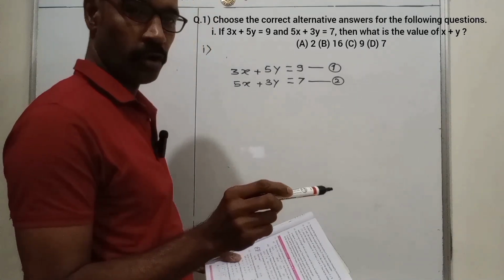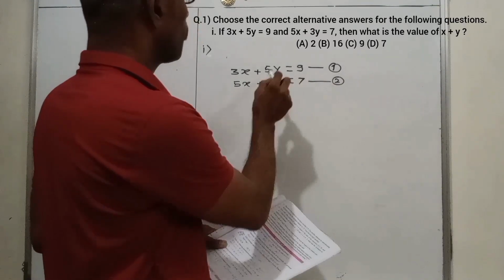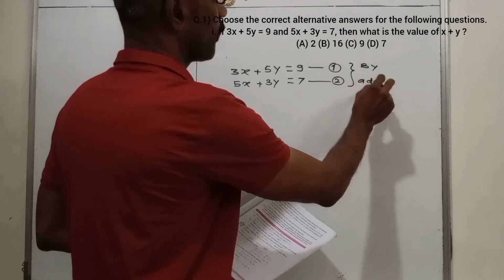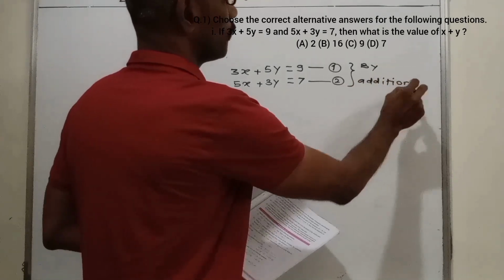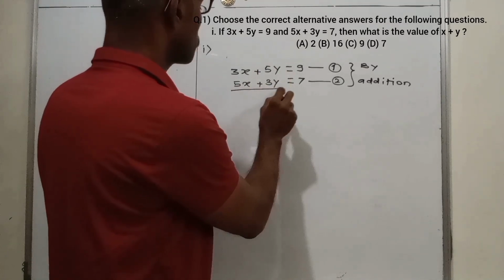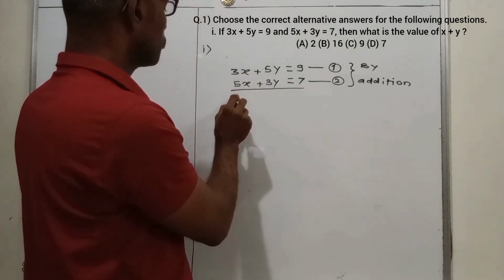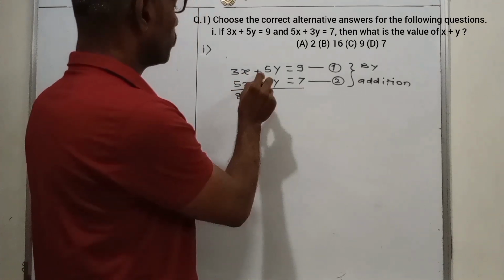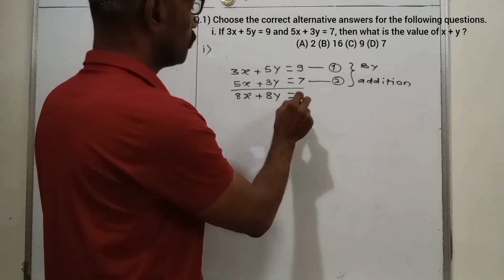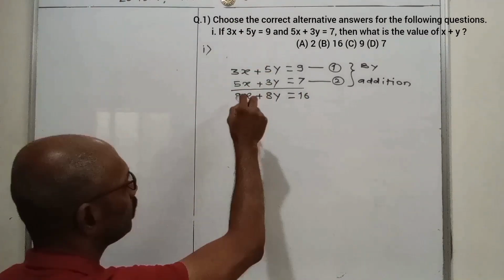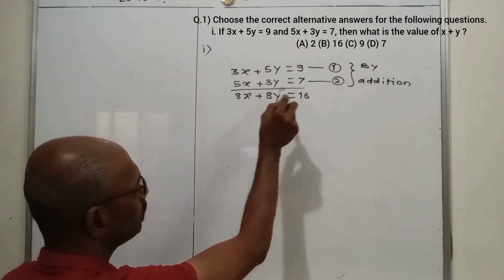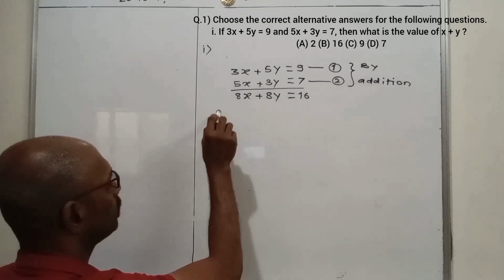Now, by addition, we add both the equations. 3x plus 5x is 8x, plus 8y is equal to 16. All terms are divisible by 8. 8 divisible by 8, 16 divisible by 8.